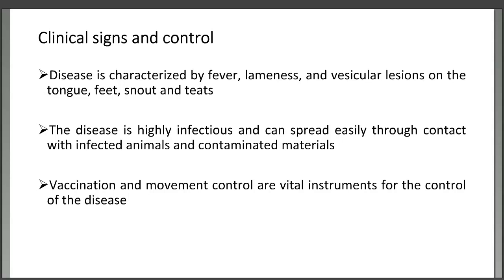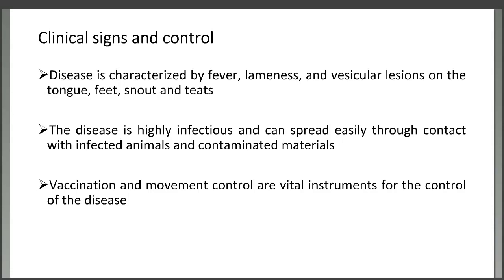The disease is characterized by fever, that's the clinical sign, and lameness. You have vesicular lesions on all the hairless areas of the animals, particularly the tongue, the feet, snout, and in the teeth region. The disease is highly infectious and can spread easily through contact with infected animals and contaminated materials such as fomites.